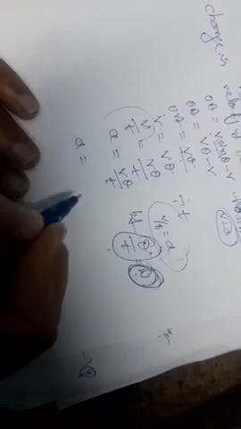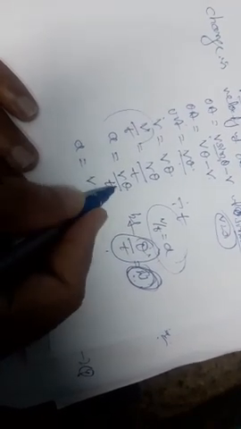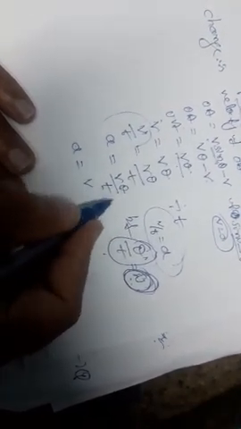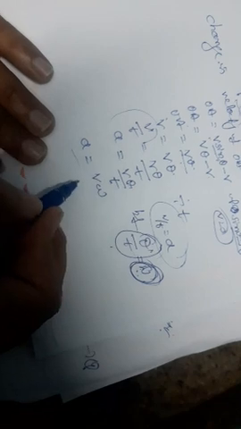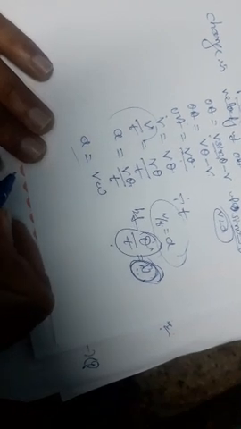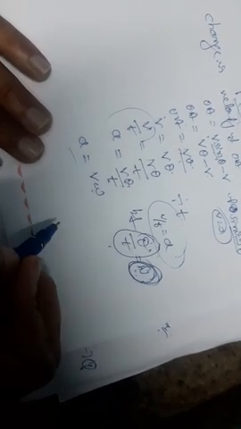Therefore, the acceleration is equal to v into theta by t, and theta by t can be written as omega. In this equation, v is the linear velocity and omega is the angular velocity.